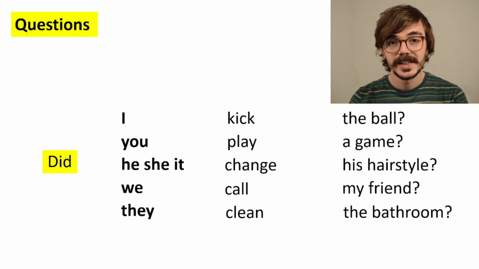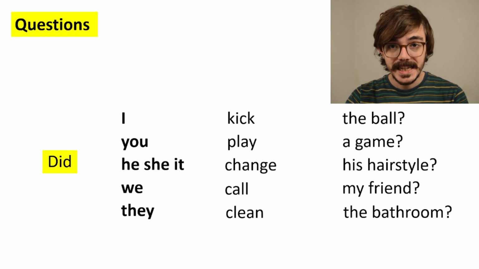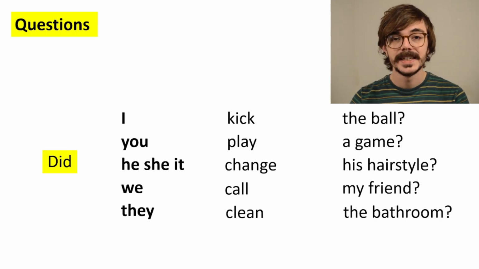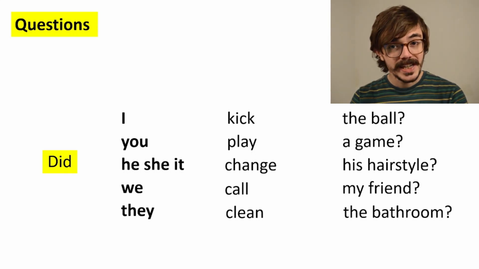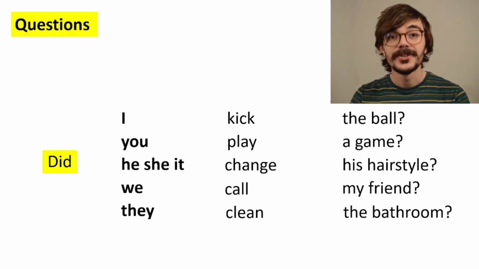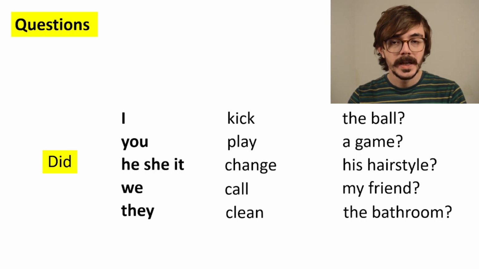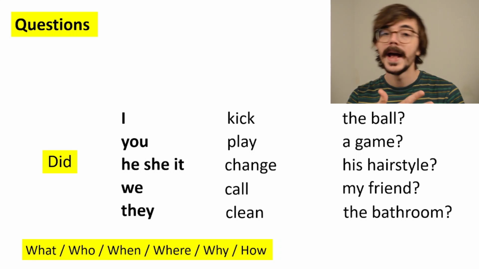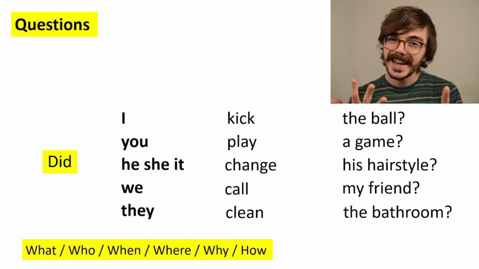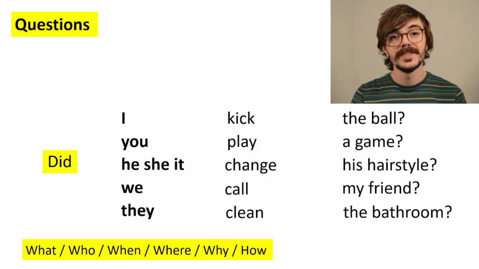Now all of those questions I just said are yes or no questions. Did I kick the ball? Yes you did. Or no you didn't. Did he change his hairstyle? Yes he did. Or no he didn't. But if we want to make a more difficult question, a more open question, we can use a question word like what, where, who, when, why, how many, etc. We take this and we put it at the beginning of the sentence.